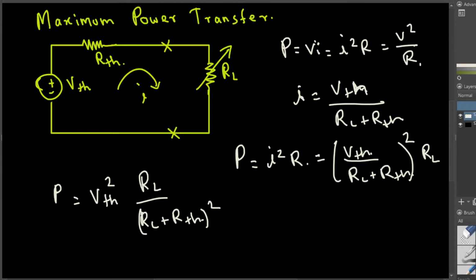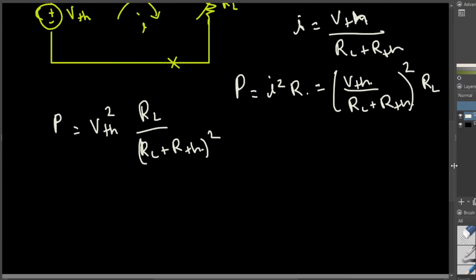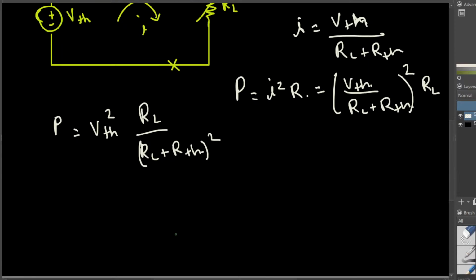I took out V Thevenin and put it outside, and RL inside, and then RL plus R Thevenin squared in the denominator. Now we are going to do the derivative. If you study differential calculus, you know that when you take a derivative, you can find the maximum or minimum value. Here, this is the maximum value we are going to find, so you just take the derivative and make it equal to 0.